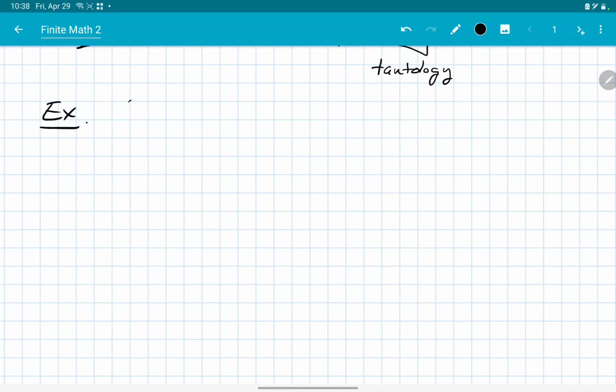Let's look at the following compound statement: P or Q, and P or not R. So now we have P, Q, and R, which means our truth table, instead of having 4 rows, is going to have 8 rows. So it just gets a little more complicated.